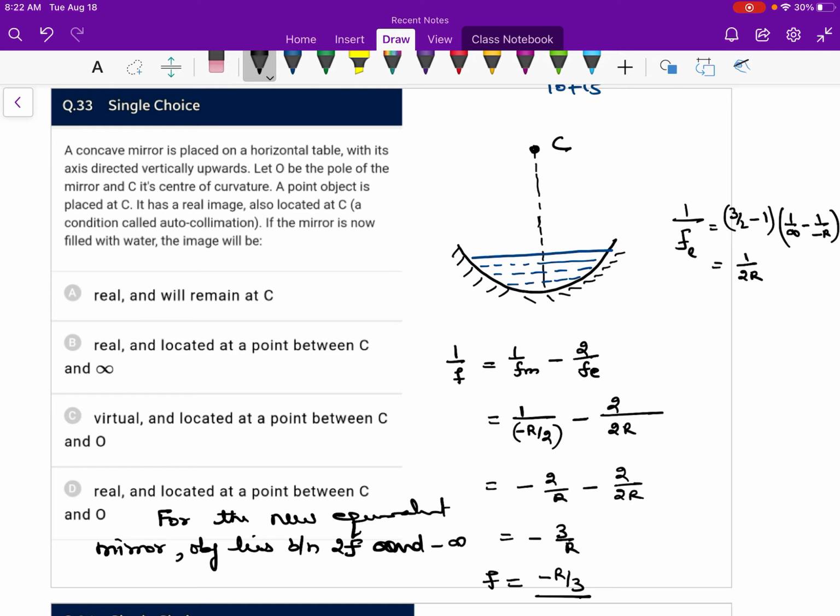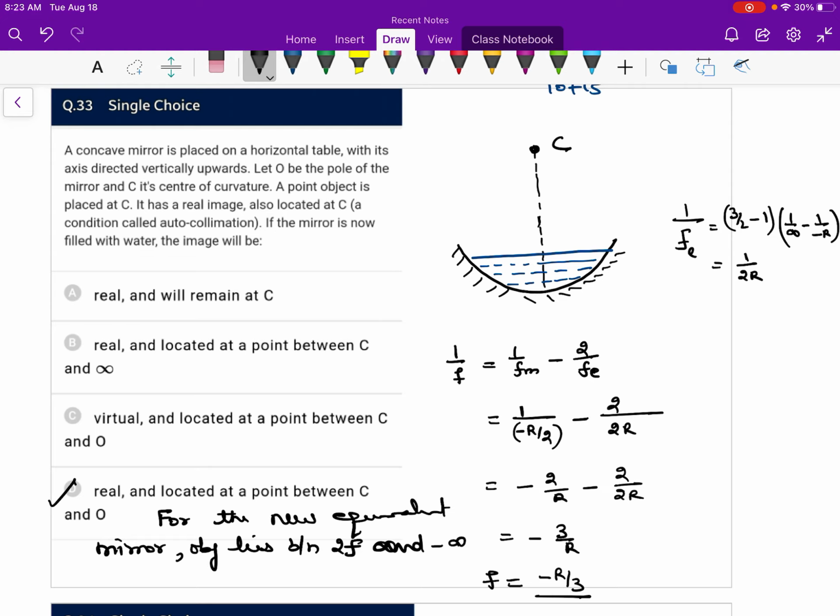No. Real and located between C and infinity? No. Virtual? No. Real and located at a point between C and O. Since the object is at a distance greater than 2f, the image will be between 2f and f, so it will be close to the mirror now. So D is the correct option.